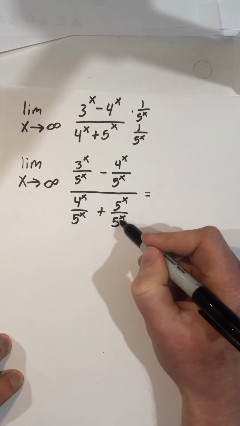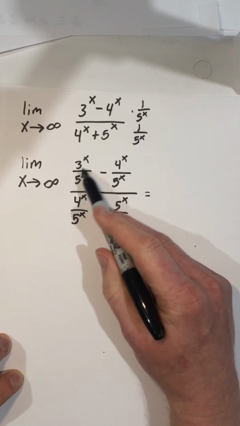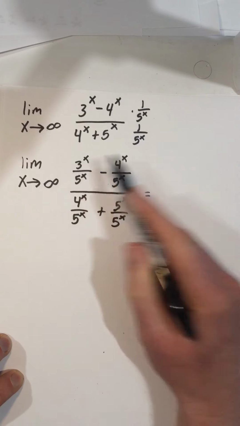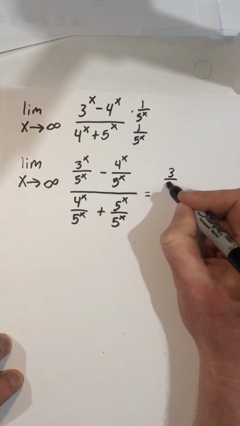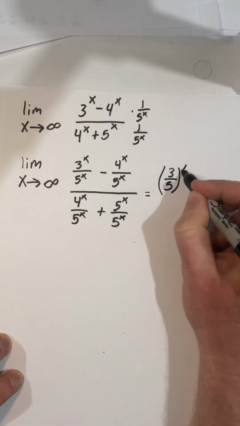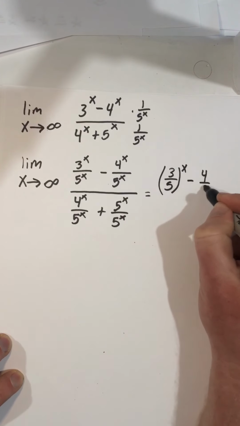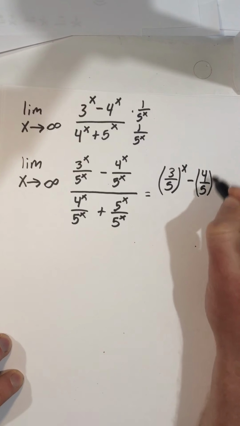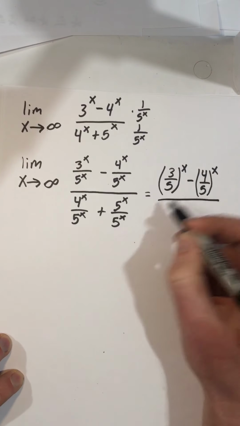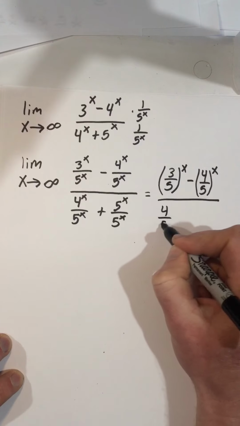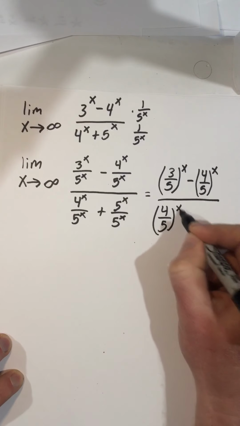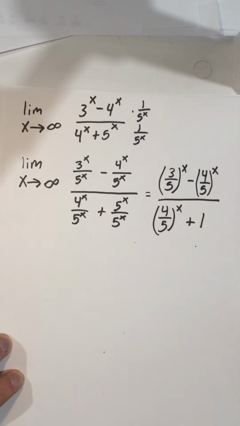This simplifies to 1. I can combine this into a fraction to the x power. So 3/5 to the x minus 4/5 to the x over 4/5 to the x plus 1.